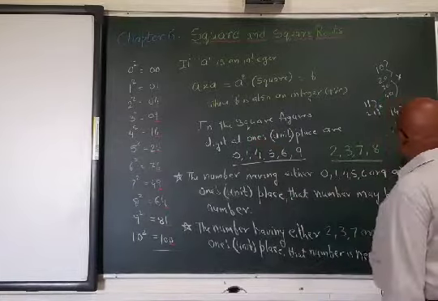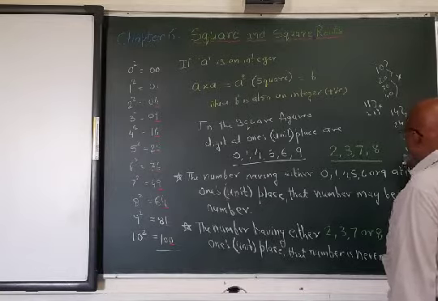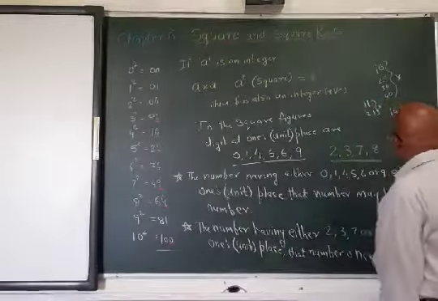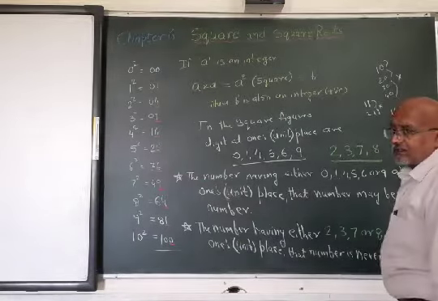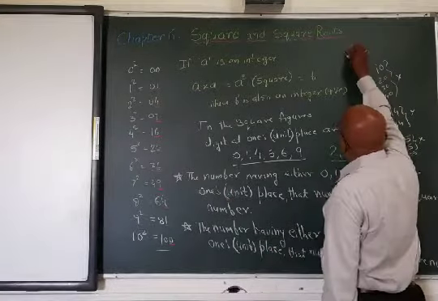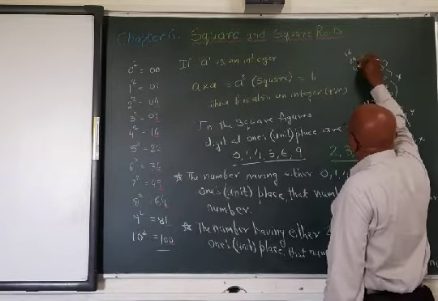After 4 comes 5, so 5 itself, 15, these are not perfect squares. 25 is there, a perfect square. Then after 15 you can write 35 also, which is not a perfect square. Even for 6 you can write 6, 16, 26, 46.